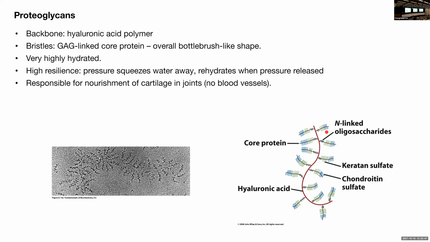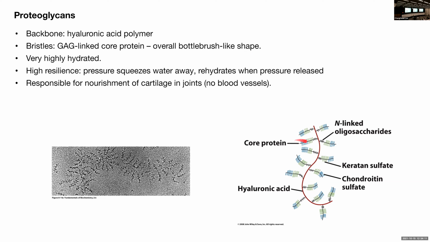And these bristle-like structures are attached to this backbone, and they are basically core proteins right in the middle, and there are lots of GAGs that are attached to this core protein. So overall, it looks like a kind of bottle brush-like shape there.